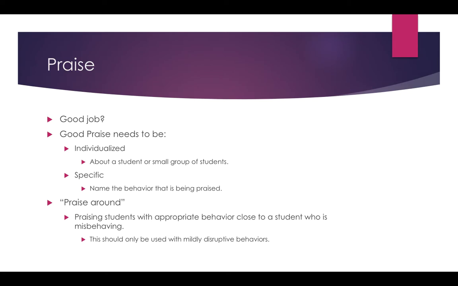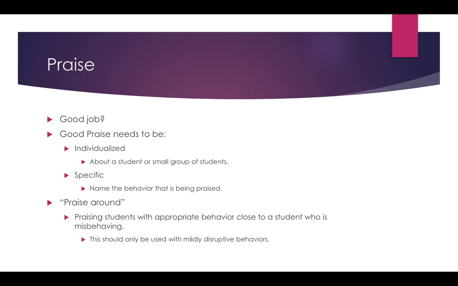And if that is the case, then you should go get a teacher or another adult in the classroom who's familiar with the student who can help them work through whatever has them in that kind of emotional state. So we want to use praise around for off-task behavior, out-of-seat behavior, just those smaller, slightly disruptive behaviors.